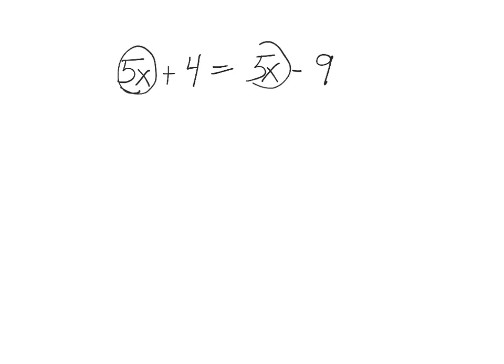So if we were to look at a problem that looked like this, let's say you work through a problem and you are at the point where you are at 5x plus 4 is equal to 5x minus 9. Well, you might be able to look at that problem and identify that those variables are the same, but the constants are different, and therefore this particular problem would have no solution.